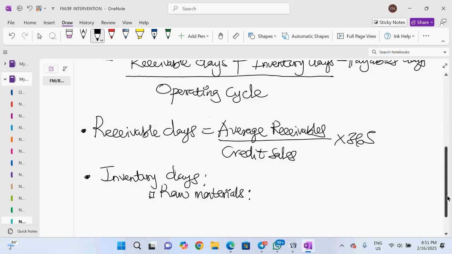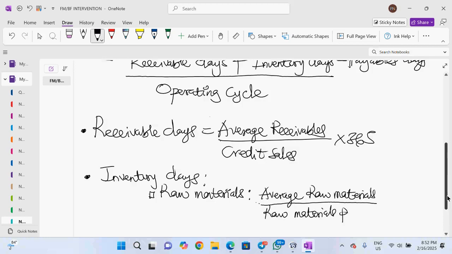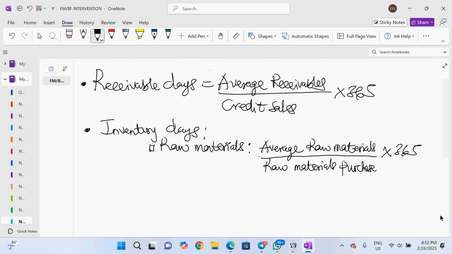The raw materials days is average raw materials over the raw materials purchased times 365 days.